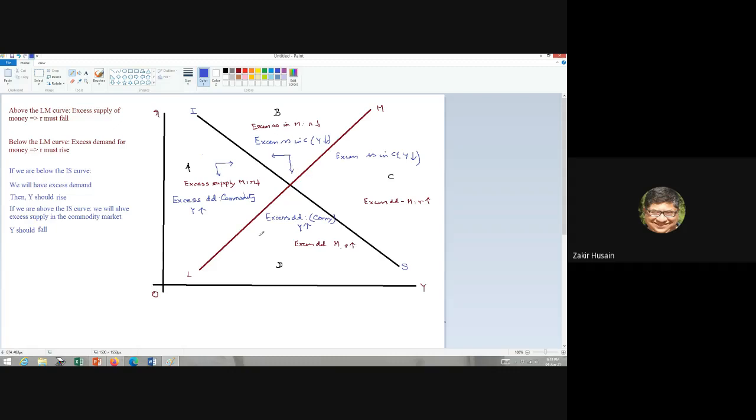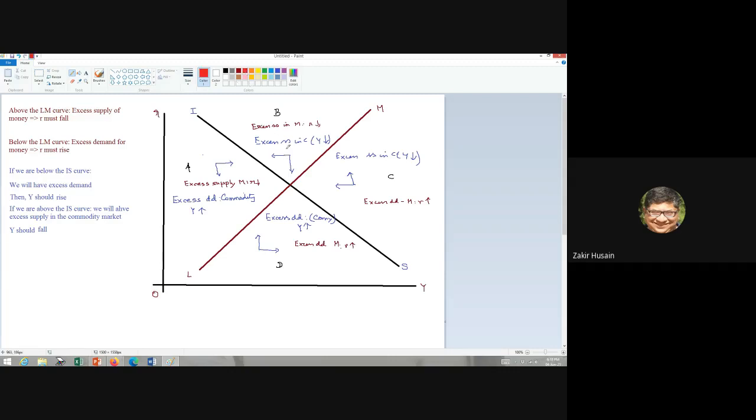Here, both of them are increasing. So you'll regain equilibrium in the commodity market and in the bond market. Over here, the rate of interest is rising and in the commodity market Y is falling. So the vertical arrow shows the change in the rate of interest, and the horizontal arrow shows the change in Y.